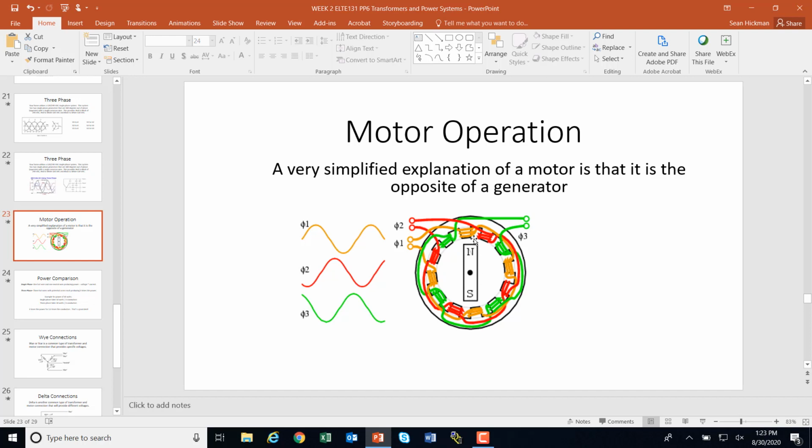So the whole time that these are going around pushing this north away, these are just ahead of it, and these are all north, which cause it to attract the south. So this gets attracted as it goes around, and this gets repelled as it goes around. So that's kind of a quick explanation of how a motor works. It's kind of the opposite of a generator.